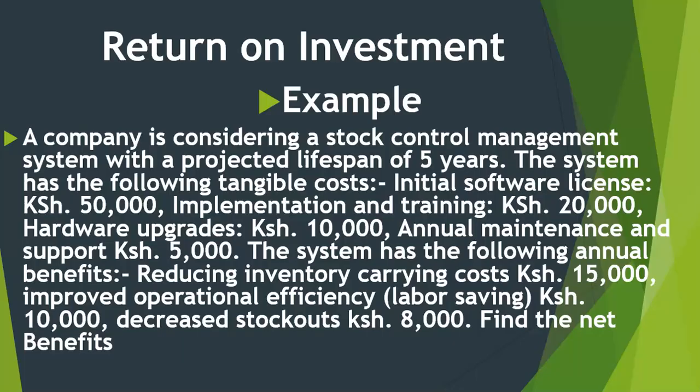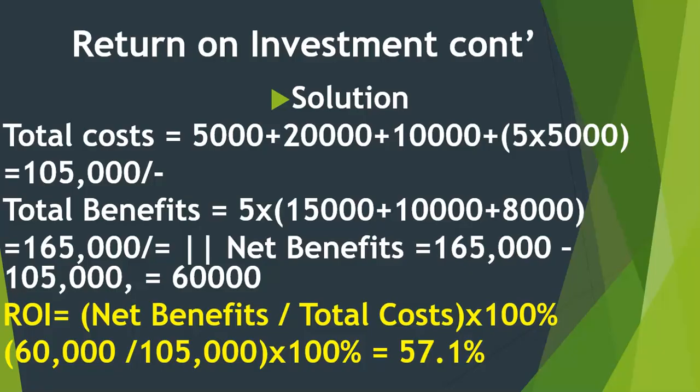So these benefits are said to be annual benefits. So you have to sum them and then you multiply by 5. Otherwise, you have 50,000 plus 75,000 plus another 40,000, as you'll see in the next slide. So this is what you have.